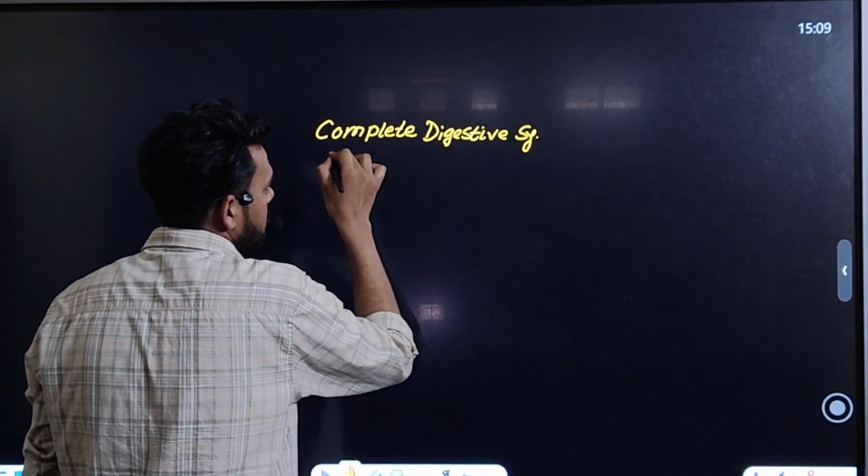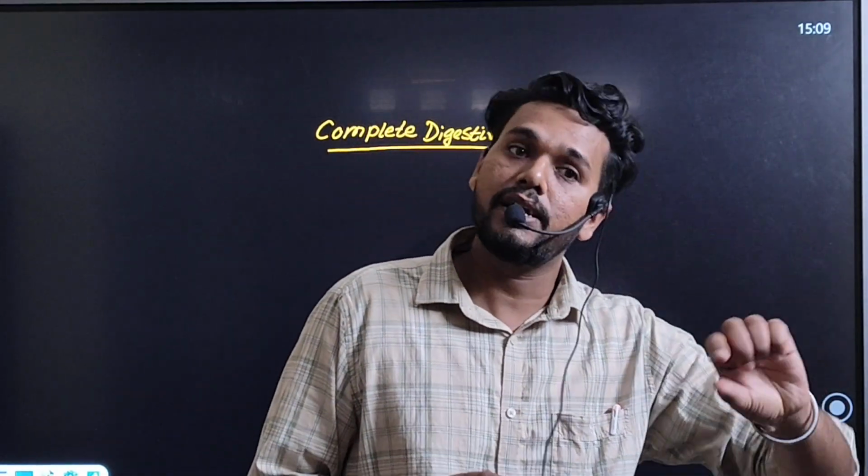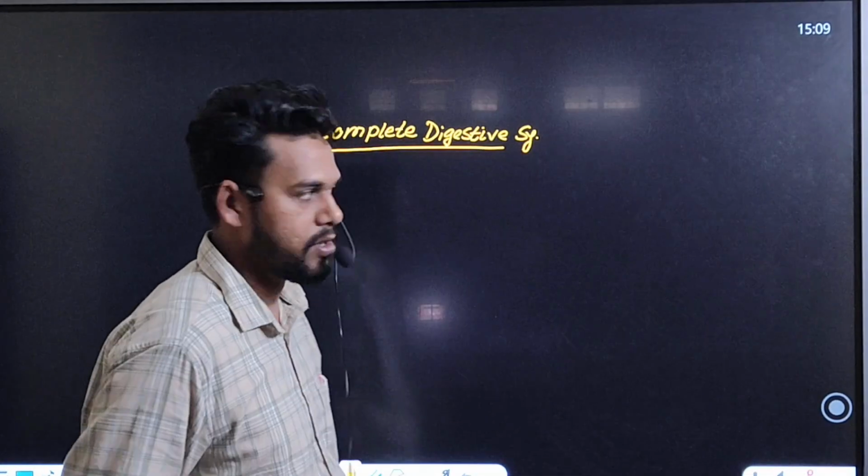What is a complete digestive system? A digestive system containing two openings, one from where food enters, and another opening from where the undigested food is released out.